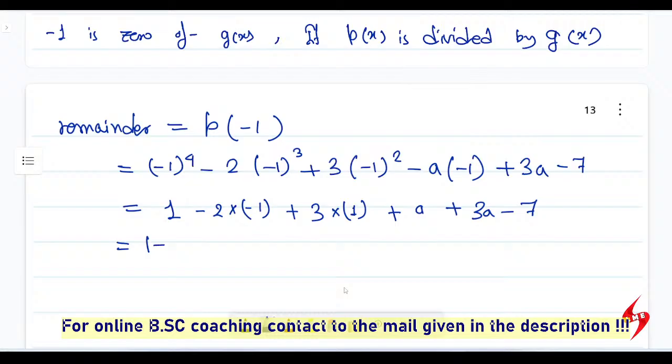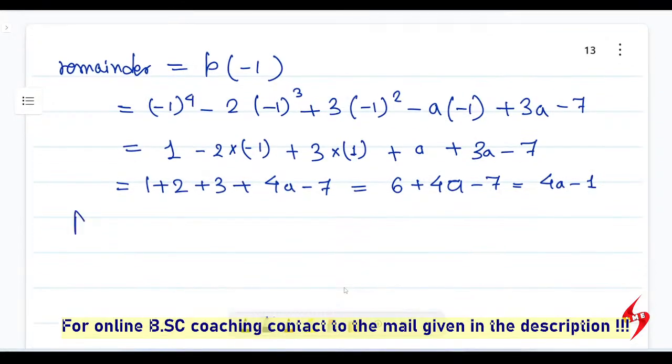So definitely that will be 1 plus 2 plus 3 plus 4a minus 7, and that is 6 plus 4a minus 7. So 4a minus 1 is my remainder.